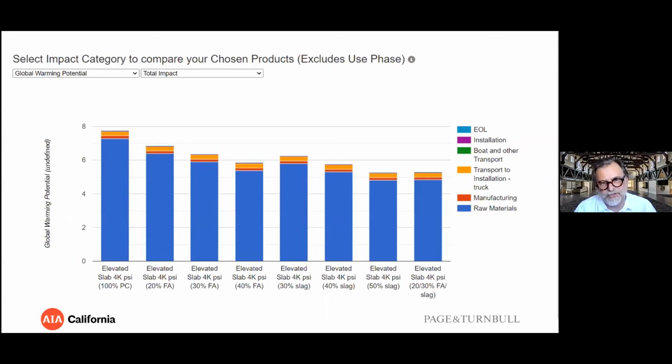So transportation to installation, they're all color coded. The installation's not included, but some of the things are. And that gives you different options; I can look at just regular Portland cement versus various mixes of fly ash versus various mixes of slag, and start to make selections based on, in this case, global warming potential.